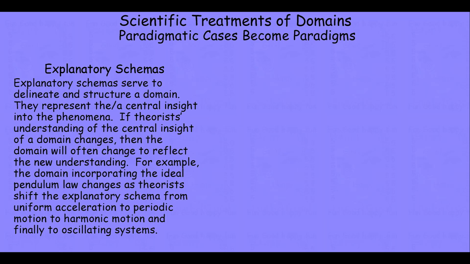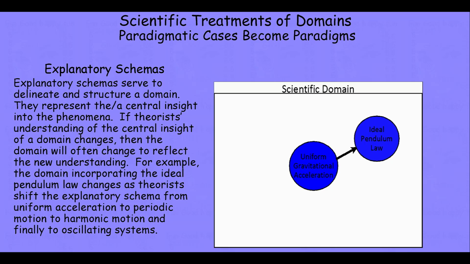Since explanatory schemas serve to delineate and structure a domain, and since they represent a or the central insight into the phenomenon, if theorists' understanding of the central insight of a domain changes, then the domain will often change to reflect this new understanding.